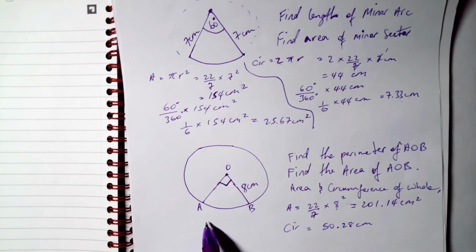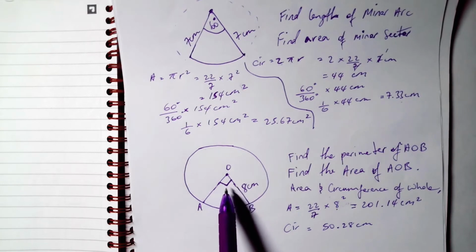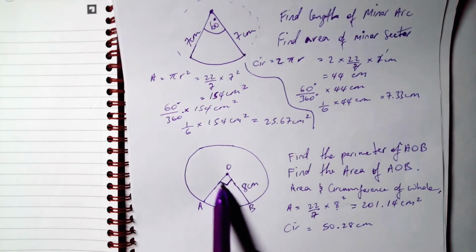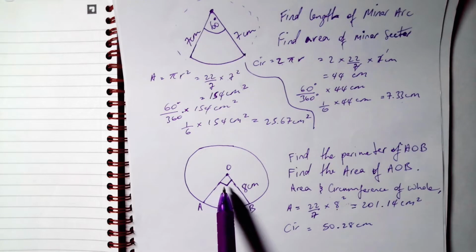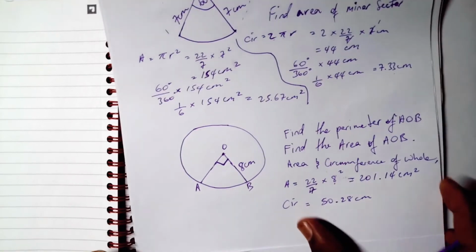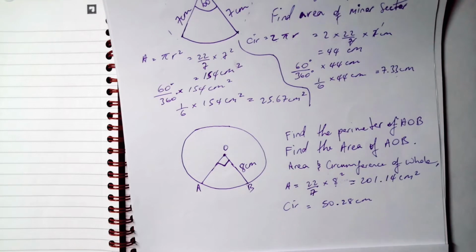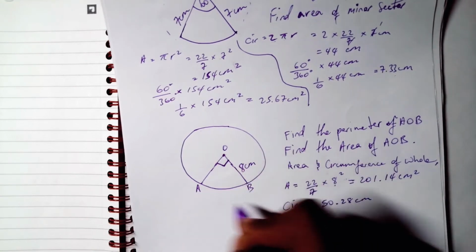That's how you use your brain and think. You see a box right here. No number was given, but you know that it's a right angle. And if it's a right angle, what is the size of the angle? 90.